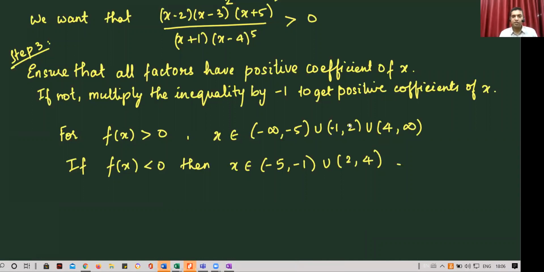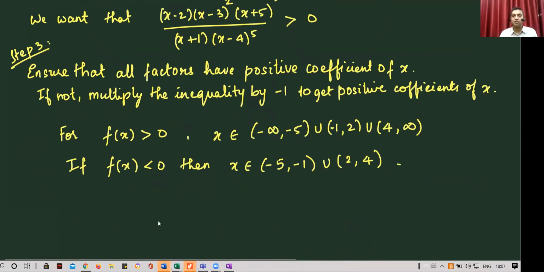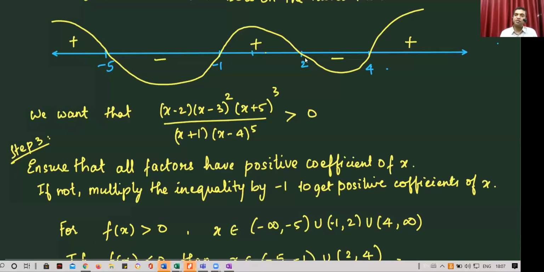Okay, someone asked an important question. If we equate the denominator factors to 0, the function becomes undefined at that point, correct? The function becomes undefined at that point. However, we are interested to find where the function is positive, negative. That's why this graph, this is not the right graph.